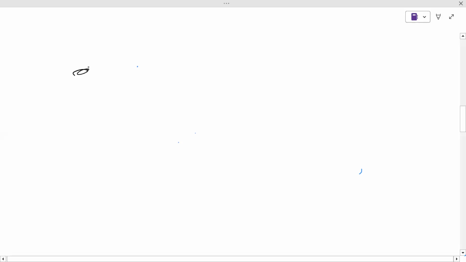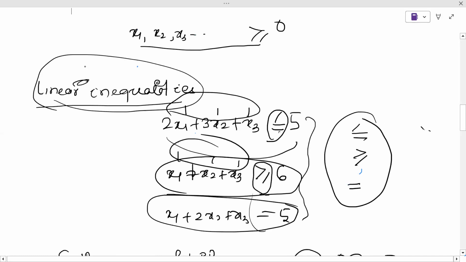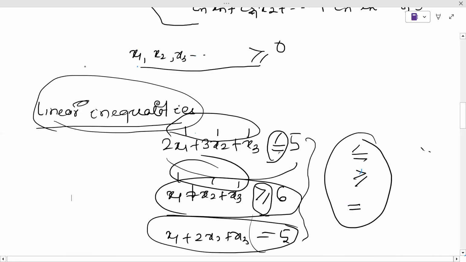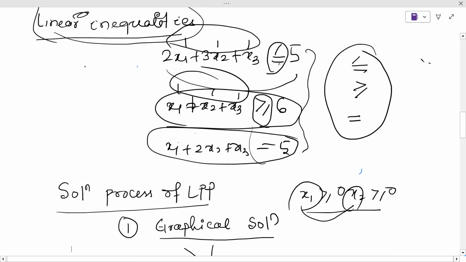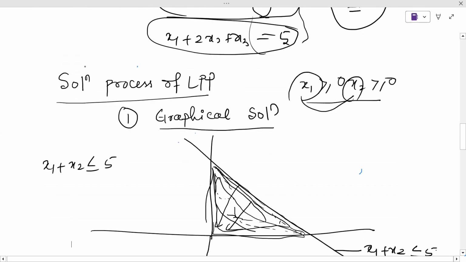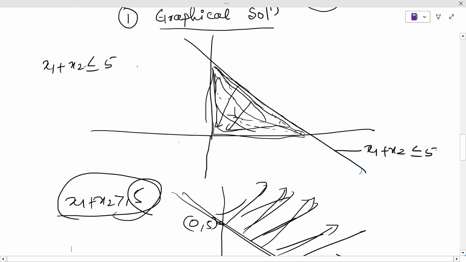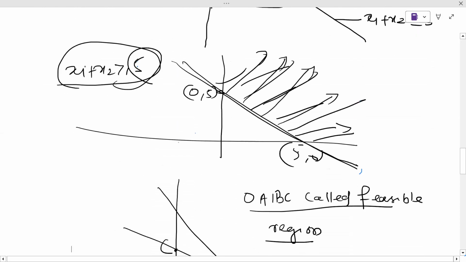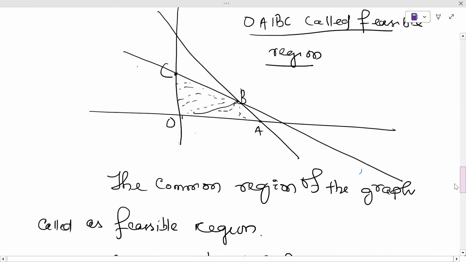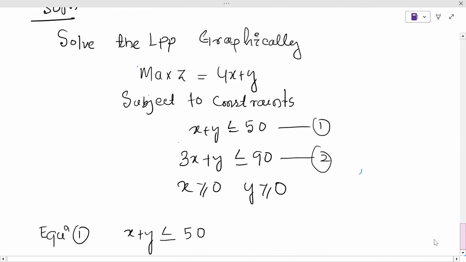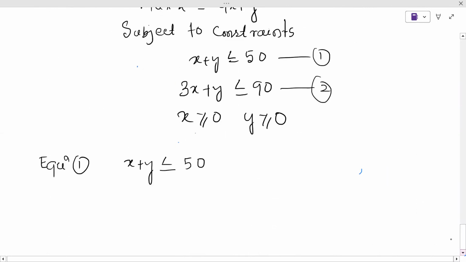Okay, the next question we are going to discuss here. Put x equal to 0, then you get y equal to 50, and the vertex is represented as (0, 50).